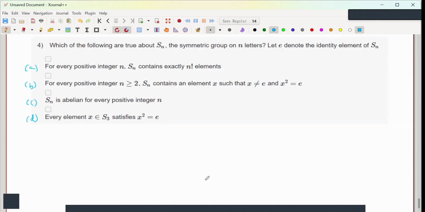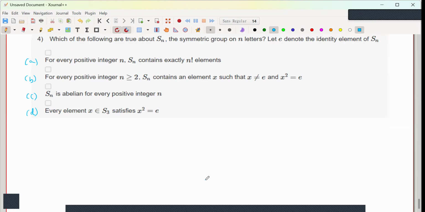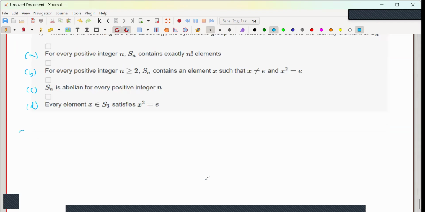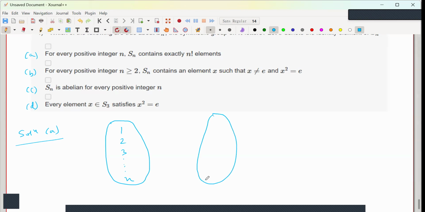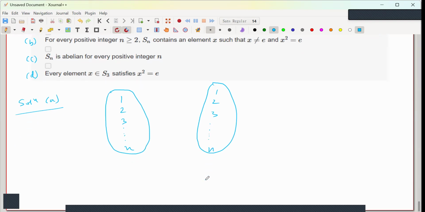Suppose it is mapped to one of the elements, then we consider the second element. Then it has n minus 1 possibilities, and we can keep doing this. So the total number of bijections possible will be n times n minus 1 and so on. That would just be n factorial. Very nice.